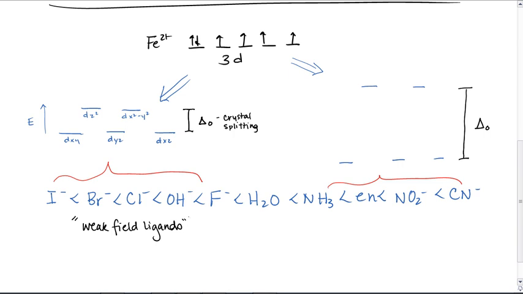They don't cause as much of an electrostatic attraction, and so the field doesn't get split as much. And, oh, I should put crystal field splitting up here. Sorry, just put crystal splitting. And so these are weak field ligands because they only cause a weak difference in the field. Over here, these are strong field ligands. They cause a big split in the crystal field.